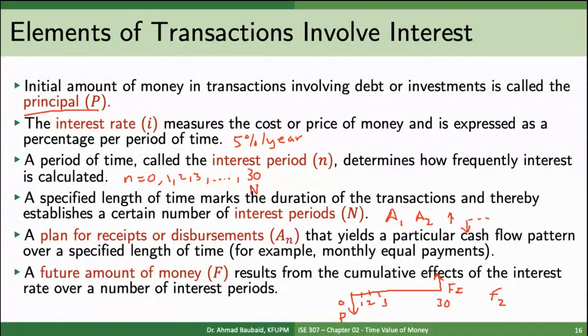So F equals maybe F30. Okay, so it's just the future amount, which is just computing how much your money has grown if it's an investment after applying interest to it at each of the interest periods. And this will become clear with examples. So if you don't understand these quite yet, when you see examples, it will come naturally, I hope.